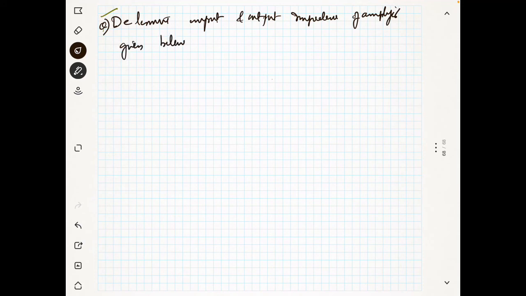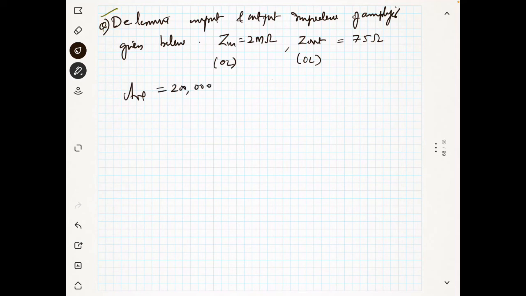It is given that the Zin is equal to 2 mega ohm in open loop, and Z out in open loop is given as 75 ohms, and AOL is equal to 200,000. It's very high. Now we want to find the input impedance, output impedance, and one more point I will add, the closed loop gain.